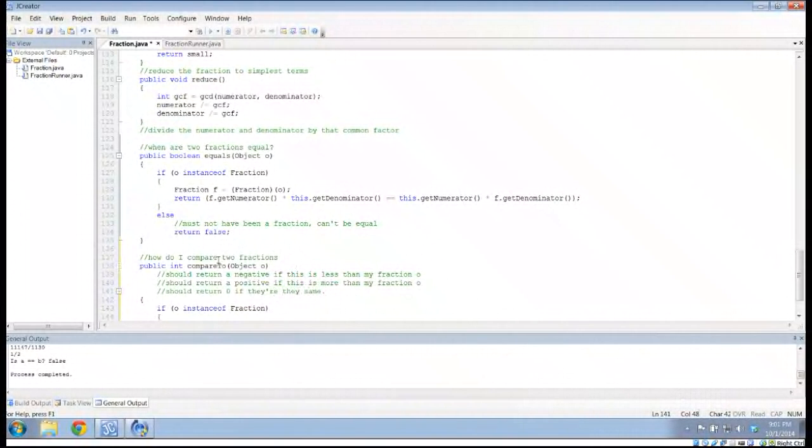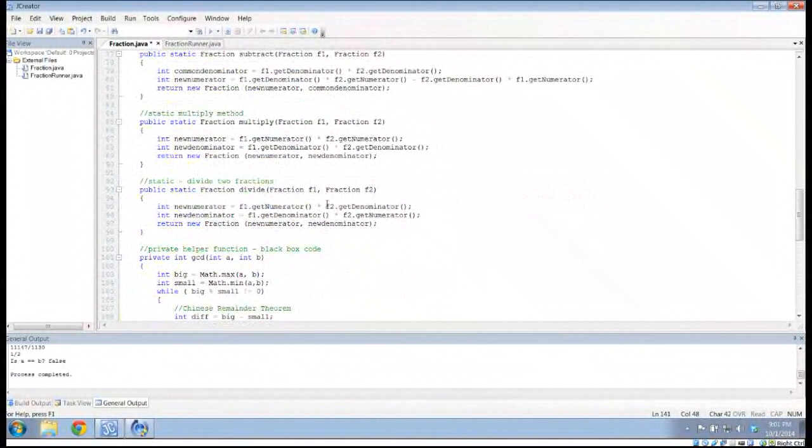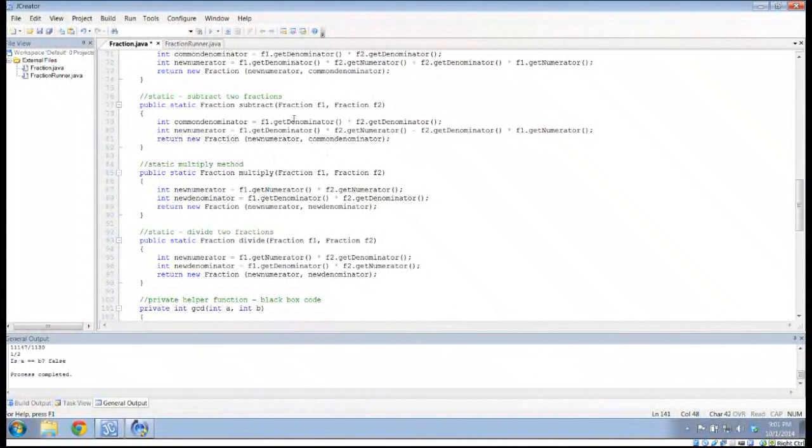So I want to look at this. If I take the same idea as the common denominator, but I was to subtract it, looking at my subtract method up here. If I subtract a larger fraction from a smaller fraction, I ended up with a negative number.